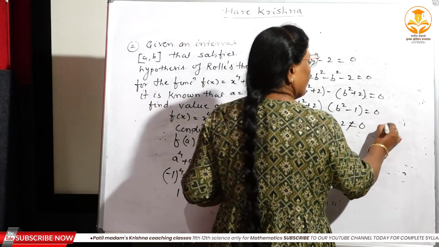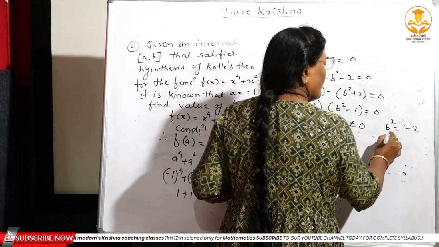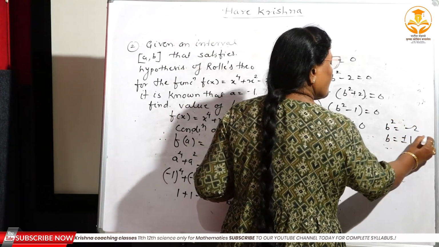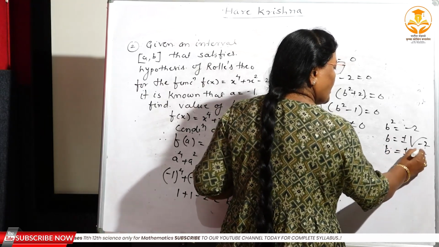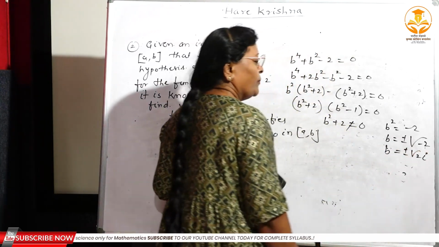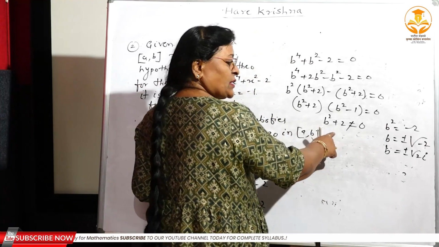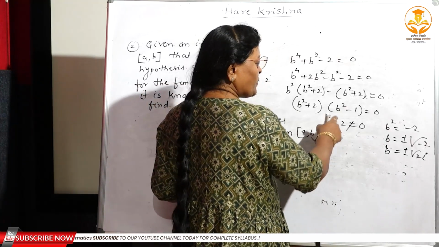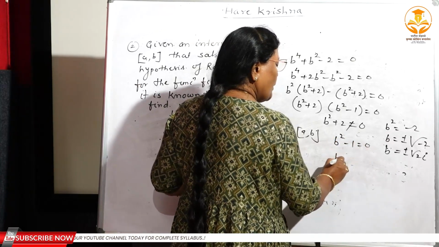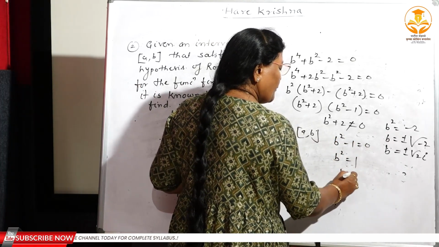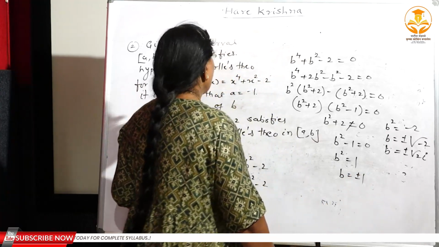Suppose you consider minus 2, then b is equal to plus minus root of minus 2, which is the imaginary number root 2 i, isn't it? So this does not work here, that is b square plus 2 not equal to 0. Here b square minus 1 is equal to 0, b square is equal to 1, therefore b is equal to plus minus 1, isn't it?